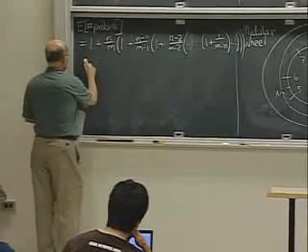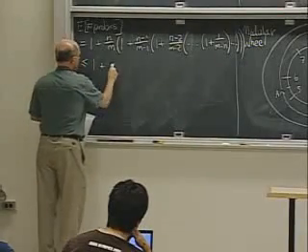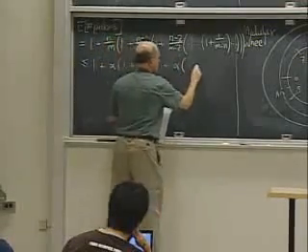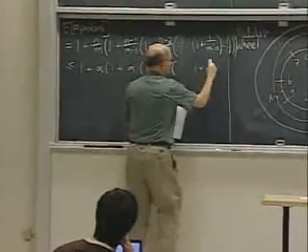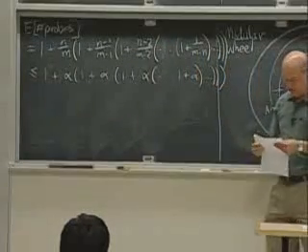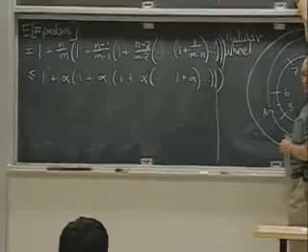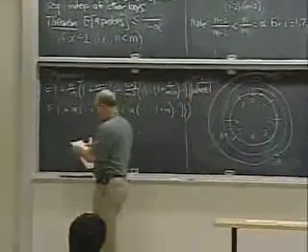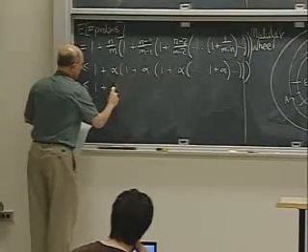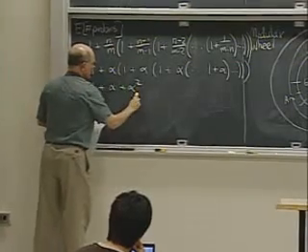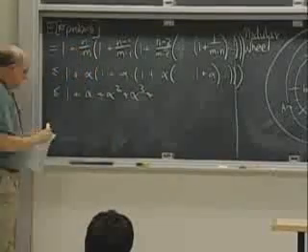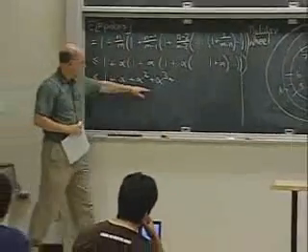Okay? So this is less than or equal to 1 plus alpha times 1 plus alpha times 1 plus alpha times 1 plus alpha. Okay? Just using the fact that I had here. And that is less than or equal to 1 plus, I just multiply through here, alpha plus alpha squared plus alpha cubed plus, and I can just take that out to infinity.